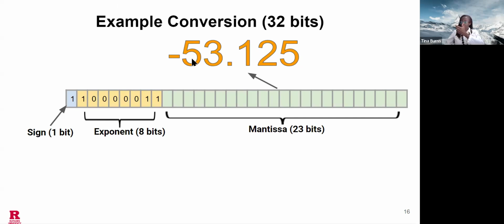Once we had the bias, we went ahead and converted that to this number that we have here to represent our exponent for this particular number. Now, this next portion is where we're going to get the mantissa. The mantissa refers to the fractional portion of this particular number.